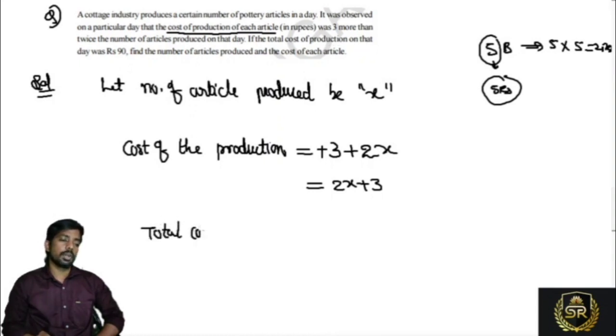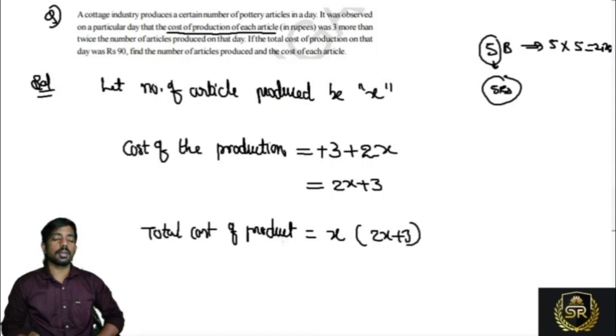Total cost of production: what do we multiply? The number of products, x, into the cost per product, 2x plus 3. The total cost of the production is given as 90 rupees.